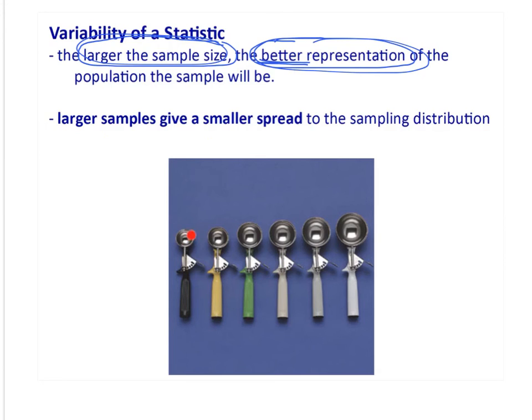So a tiny scoop or a small sample is not a good representation of the population. But if I take a big scoop of Moose Tracks ice cream, I'm going to get a peanut butter cup, I'm going to get some fudge, I'm going to get some vanilla, I'm going to get some caramel, I'm going to get all the good stuff. So the larger the sample size, the better the representation of the population will be.